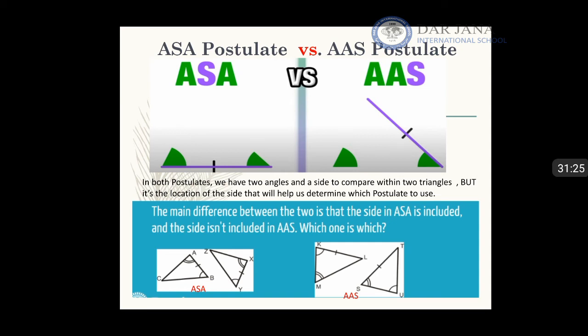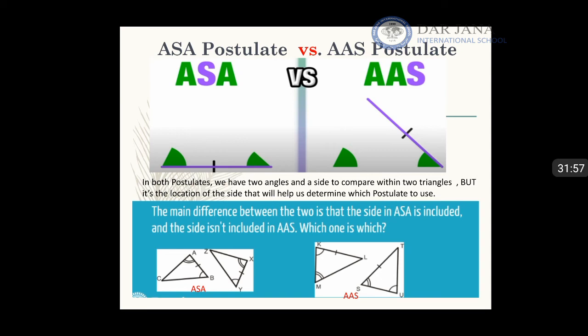So look, angle A is congruent to angle X, B congruent to angle Y, and the included side AB is congruent to the included side XY. So we have two angles and an included side congruent to their corresponding angles and the included side in the second triangle. So here we can prove that the two triangles ABC and XYZ are congruent using the angle, side, angle postulate. Let's look at the other two triangles.